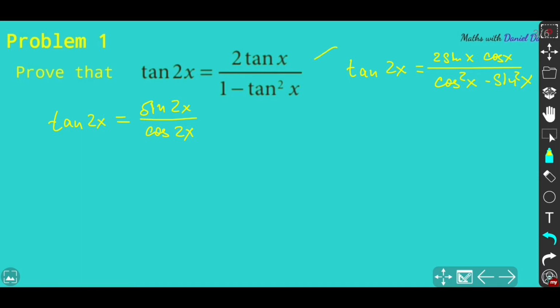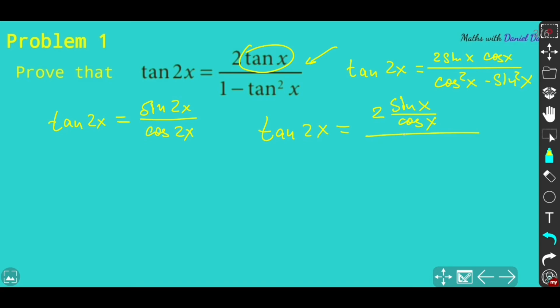All right, now you need to have a look here because you need to see the target you need to arrive at, okay? You see that tangents should be on top, and right now you have sine x cosine x. How to transform into tangent? Obviously you need to divide everything by cos squared. So seeing that the numerator of this fraction is 2 sine x cosine x, just divide the top by cos squared x. So that's going to be sine x over cos x, because 1 cos x will be cancelled.